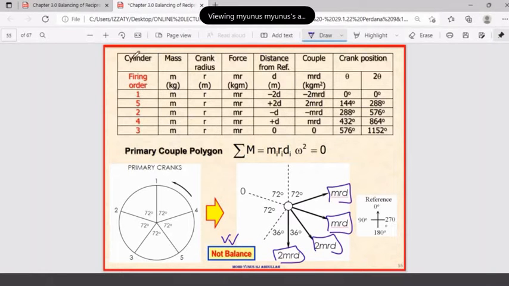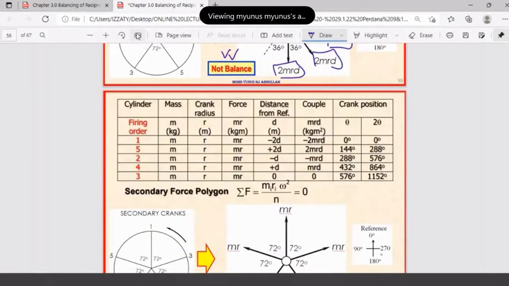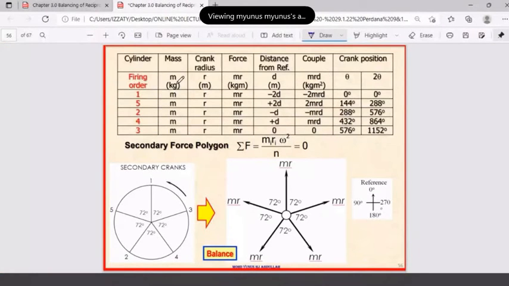The next one, you move to the next one. And it is balanced. This is the force. Now it is MR versus 2 theta. Isn't it? You have 0, 288. 288 is 1. 288 will be 144, 144. So this one is 1. This one will be 5. We have 288.